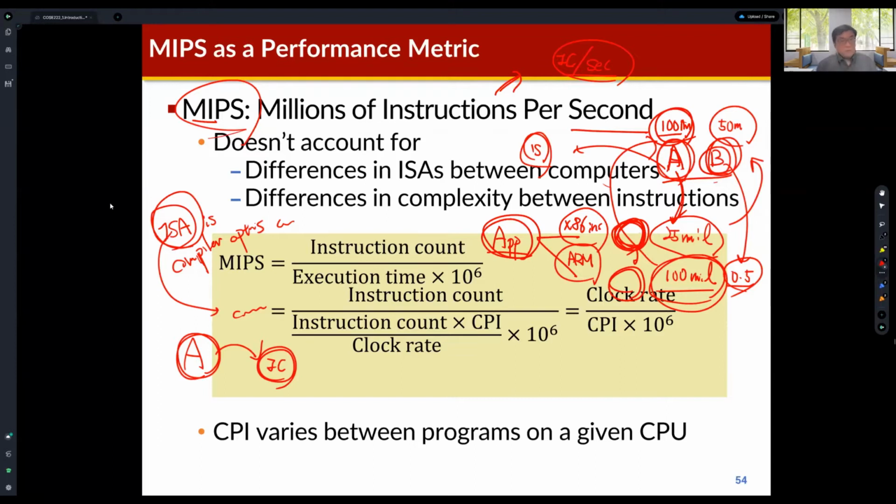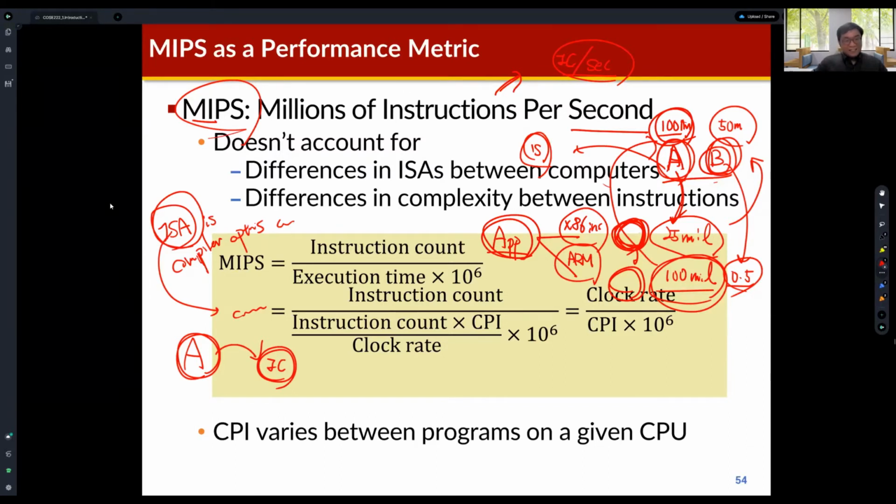You can simply say, oh, the MIPS number is very high. If the MIPS number is higher, then we can say this computer has higher performance, if the instruction set architecture is the same and the compiler options are the same. Okay, so do not be confused.